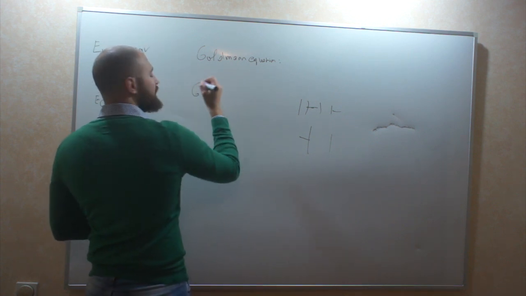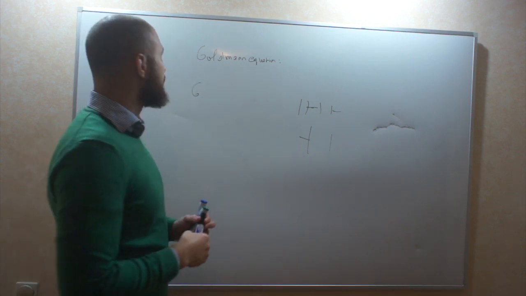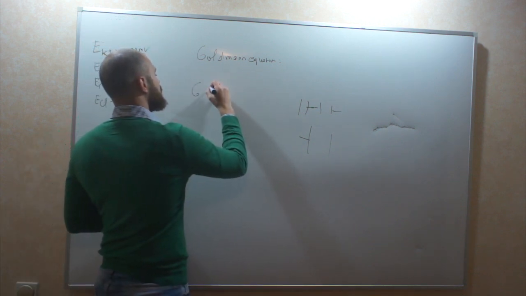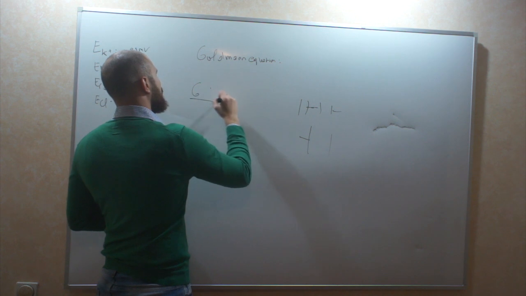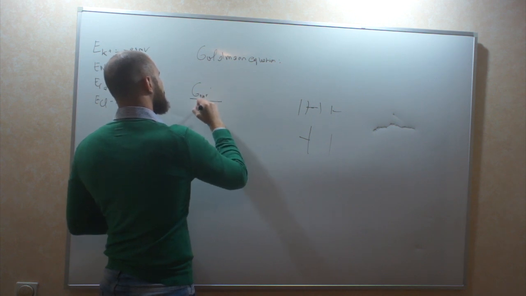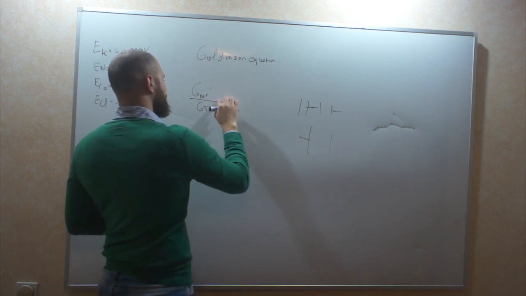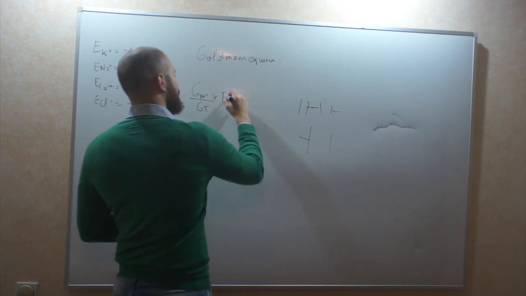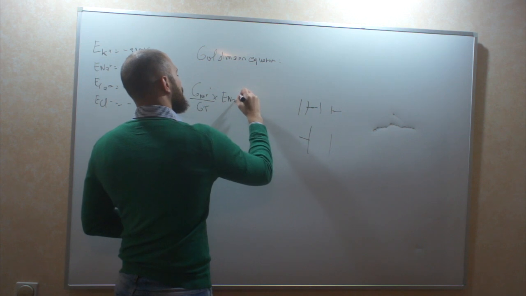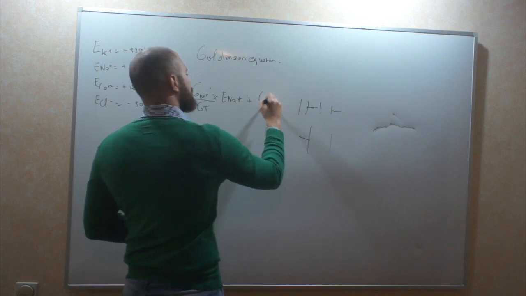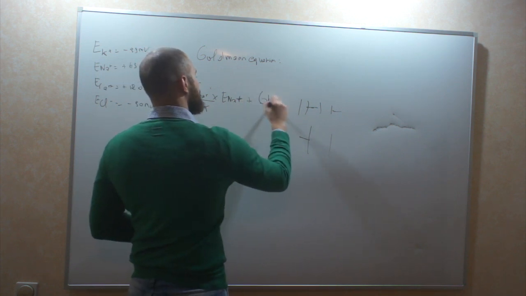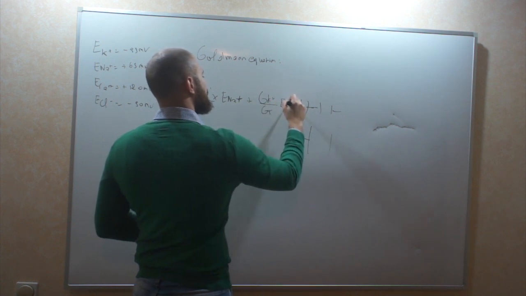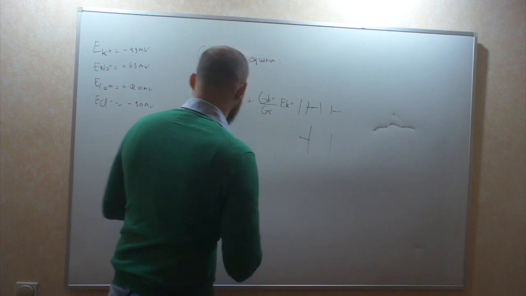It's this one. Like if you have a leaky channel for potassium and sodium, it will be the conductance of sodium on the total conductance of the ion times the electrical potential for sodium, plus the conductance of K+ on the total conductance of the ion times the electrical potential of potassium.